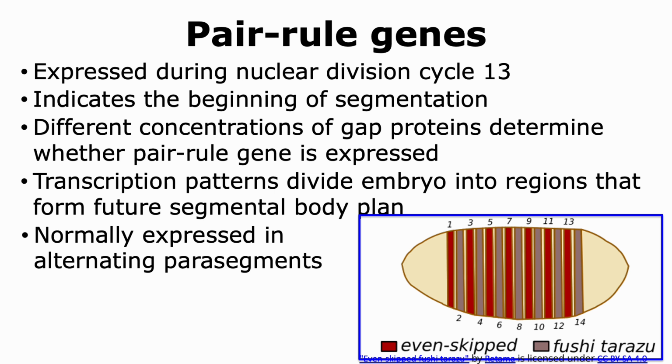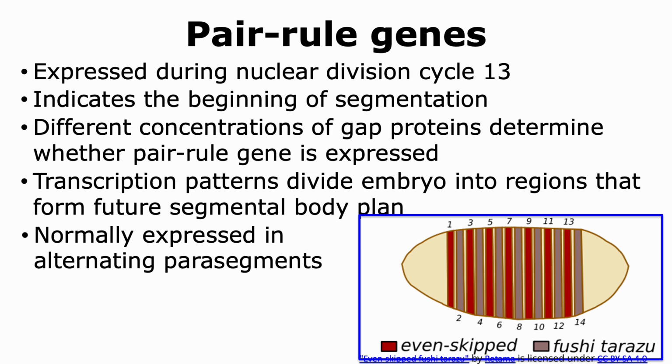So if we look at the figure in the blue box, we are looking at the expression of two pair rule genes. The one in red is called even skipped, and the other one in purple or gray is called Fushi tarazu. When we look at the expression of even skipped, we can see 7 stripes.